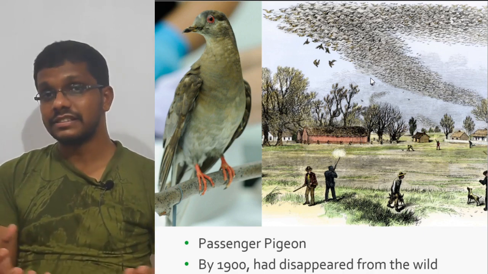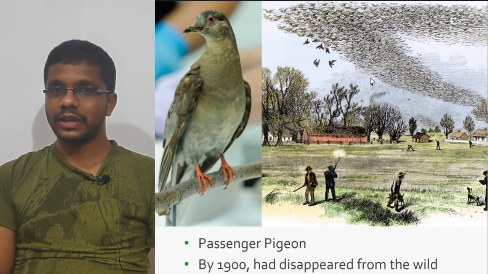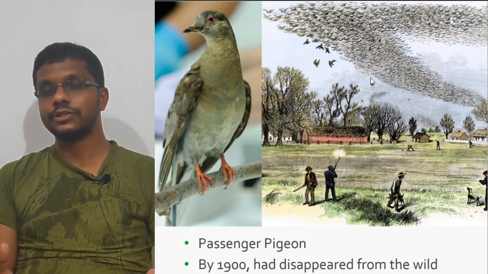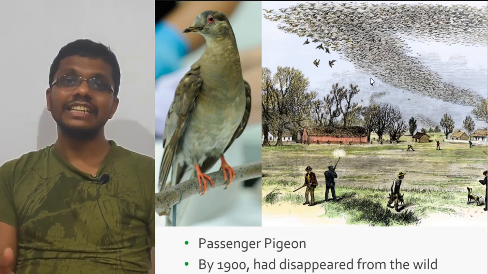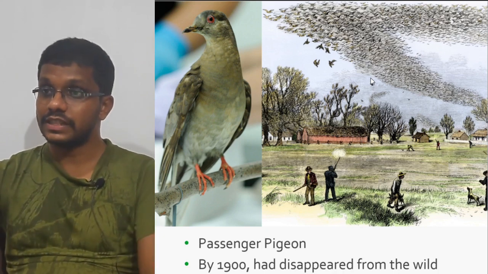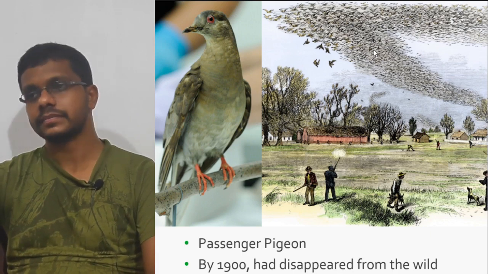It was so dense that it actually darkened the sky. Can you imagine how many birds there were, to take 3 days to fly past a single person? It was so huge. In this image also you can see them coming in large numbers.